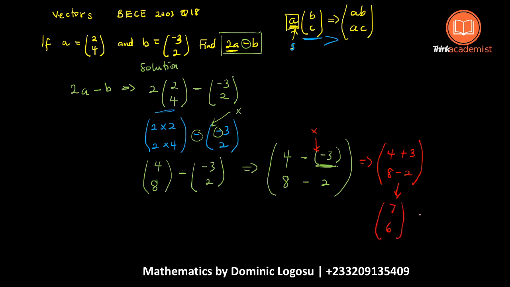Remember, vectors are not fractions, so you are not supposed to write a fraction bar in your vector. As much as possible, don't be tempted to do that, because once you do that, the whole thing is wrong. You have 1 minute to copy, and then we'll move to the next question.